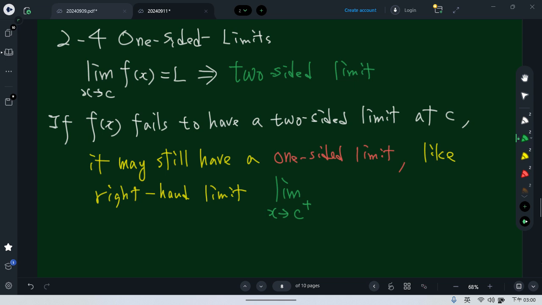Okay, so this is possibly just like this one, or the left-hand limit.